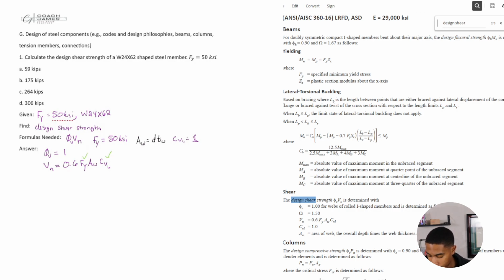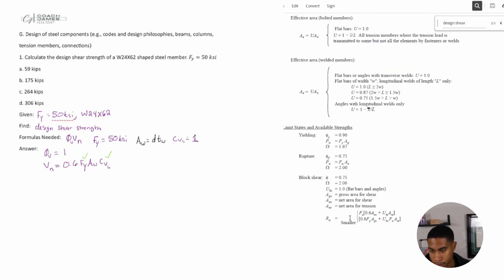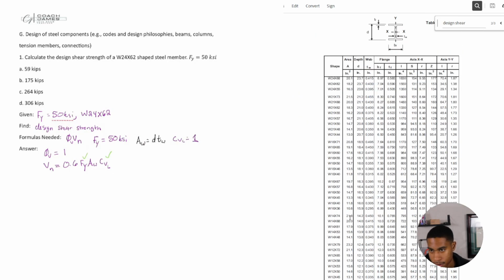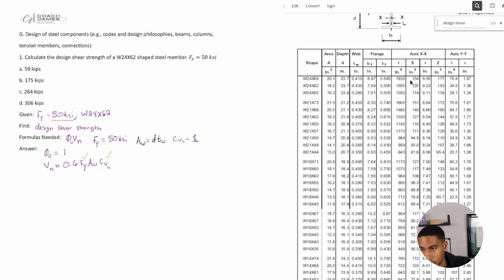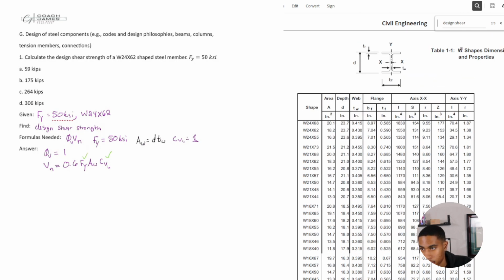How would we get the area of the web? We know that it is a W24 by 62 shape. Is there any place where we can look and get that information? Well, there are tables with different shapes that give you different properties: W shapes, dimensions, and properties.